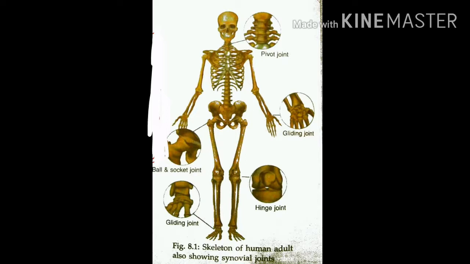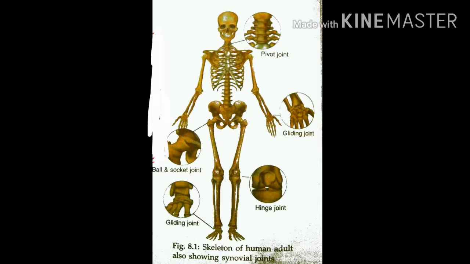In the human body, one bone is connected to the other with the help of joints for the free movement of the body. You can simply say joints are the places where two bones meet.